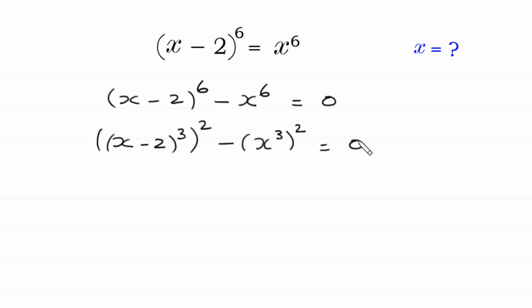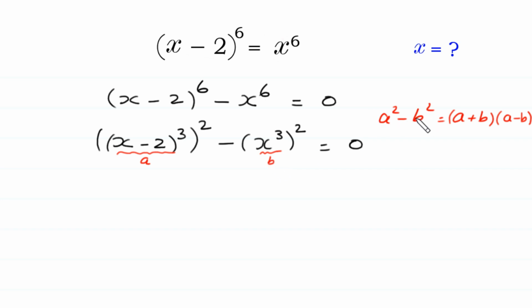Now according to the algebraic identity, a squared minus b squared is equal to (a plus b) times (a minus b). Here this (x - 2)^3 is a and this x^3 is b.